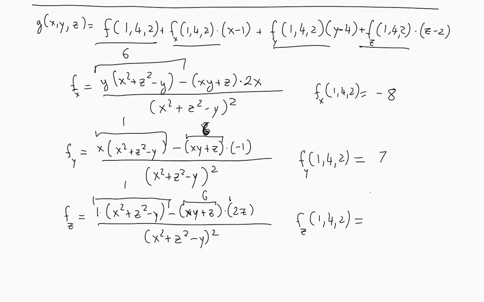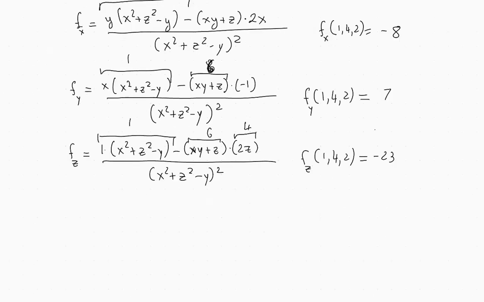So now we can put together the linear approximation. So g of x, y, z is going to be 6 minus 8 times x minus 1, plus 7 times y minus 4, minus 23 times z minus 2.